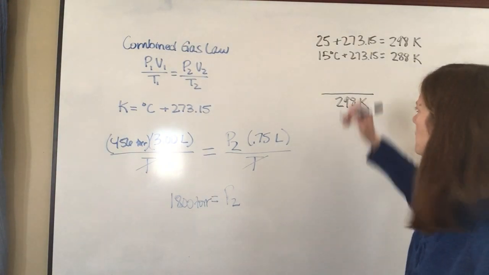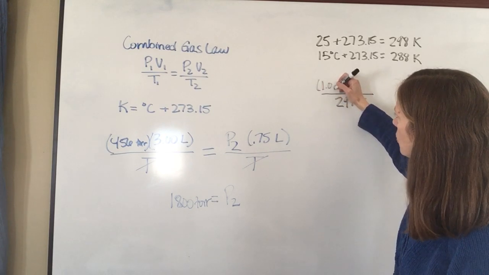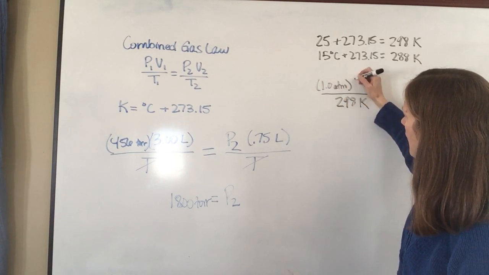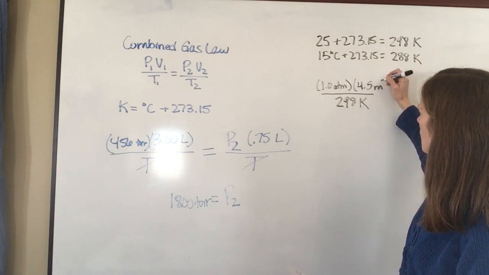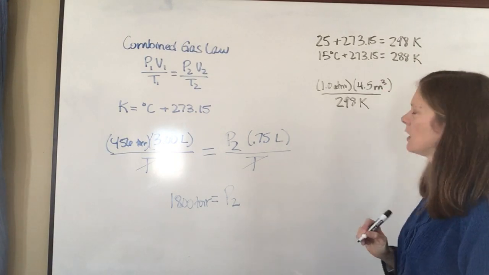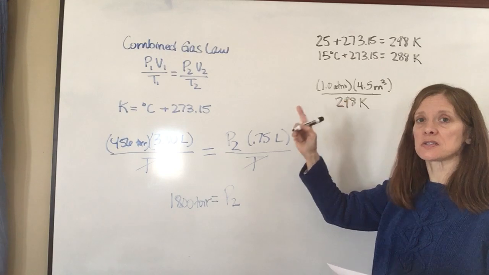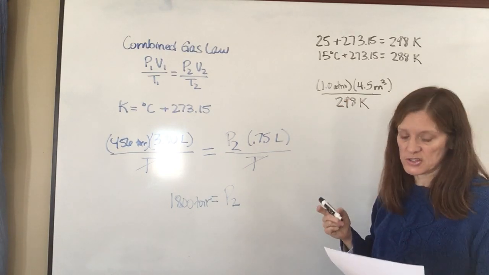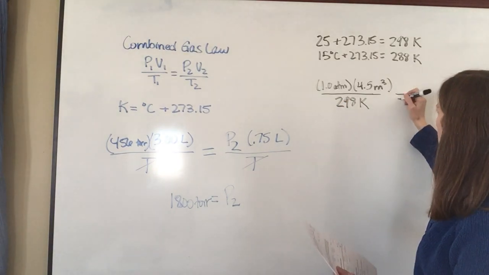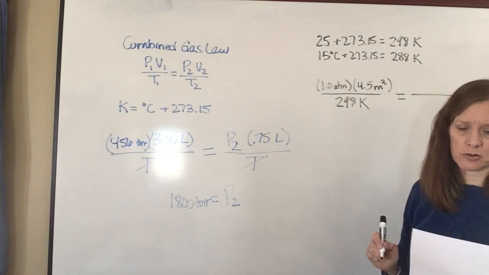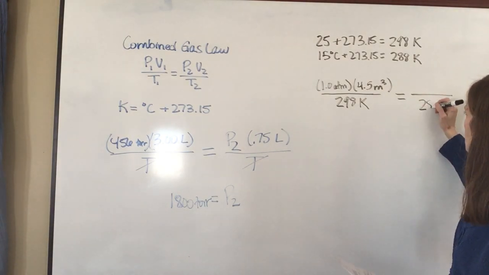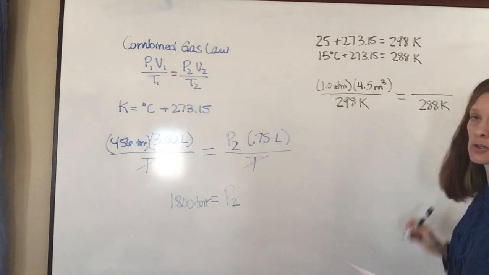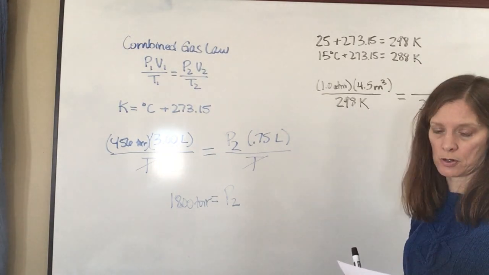The initial pressure was 1 atmosphere, and the initial volume was 4.5 cubic meters. Okay, and I can use those as long as the units that I use on the other side are the same. So once the balloon starts to rise, I end up with a new temperature of 288 Kelvin, which was the 15 degrees Celsius that I already converted up here.